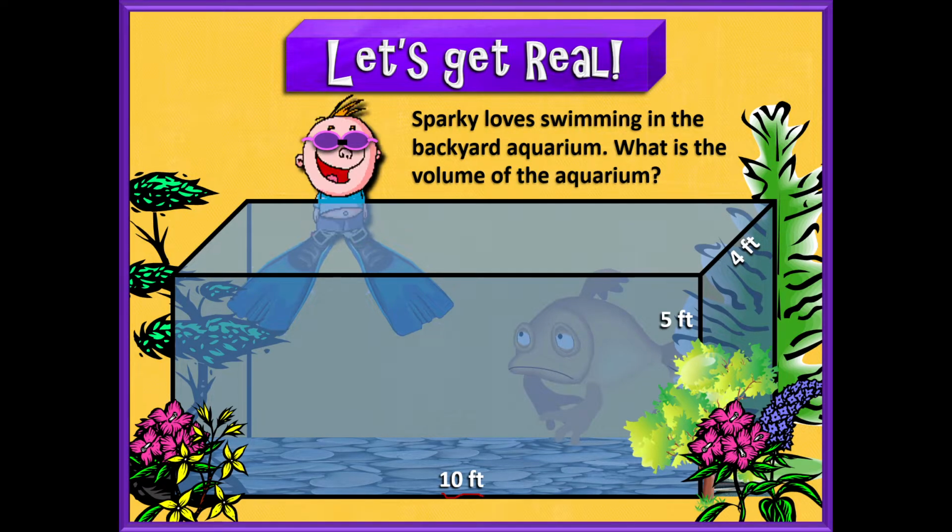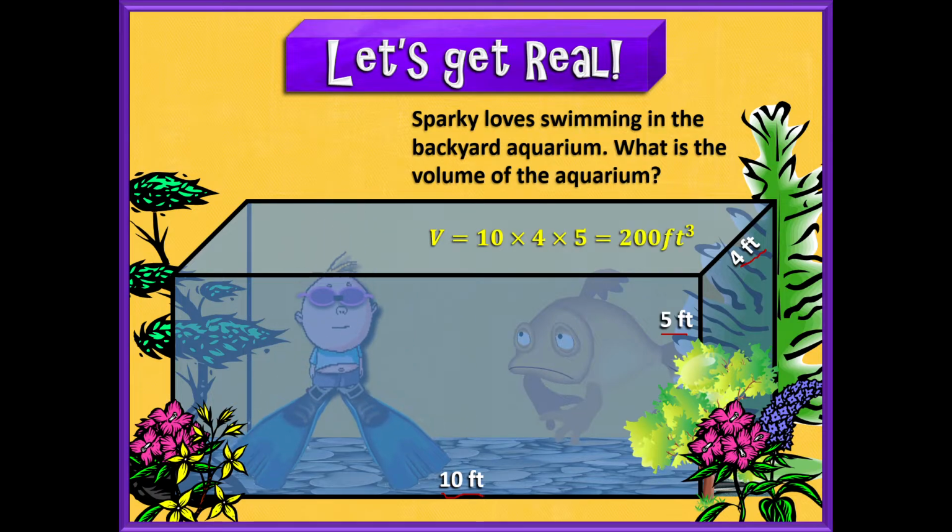Our width would be 4 feet, and our height would be 5 feet. So let's multiply those numbers together. 10 times 4 would be 40, and 40 times 5 would be 200. So the answer to the problem would be 200 feet cubed.